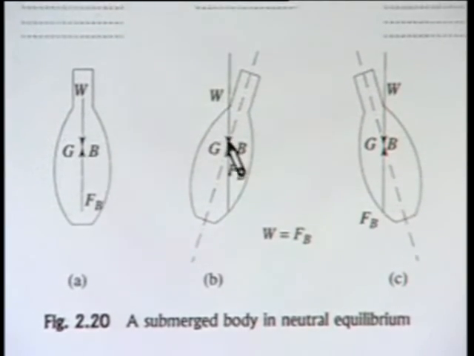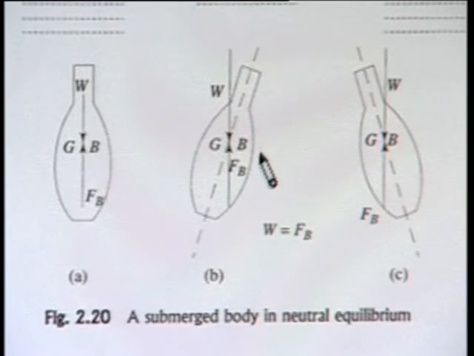So this body will remain in that disturbed condition due to the externally applied couple, and even if that couple is removed, it will not try to regain its original position because no restoring couple is formed, the forces being applied through the same point.